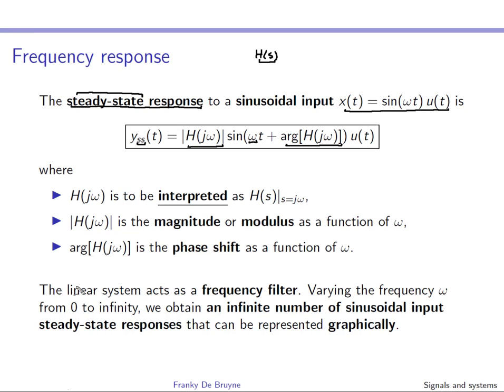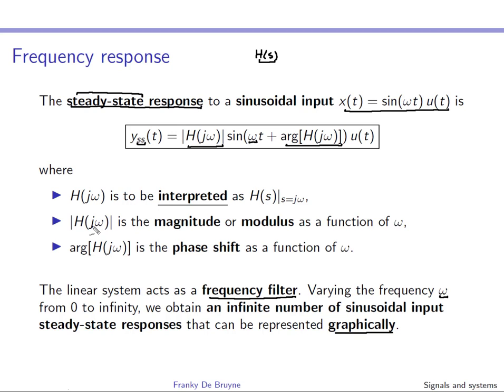So this linear system acts as a frequency filter. If you vary the frequency omega from 0 to infinity, we obtain a whole lot of these responses, okay, that might be amplified and attenuated and phase shifted differently according to omega. And this is what is going to be represented graphically in the Bode diagram.